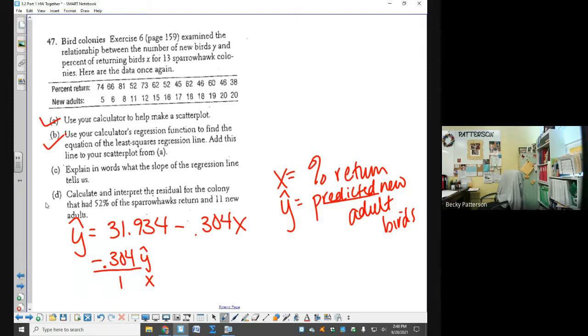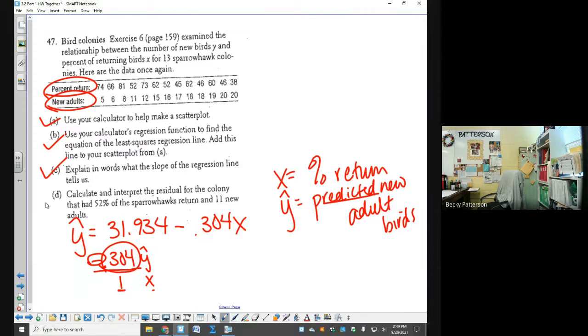Y'all see how easy that makes it when you label it? For every 1% return, the new adults are predicted to decrease by that much. Easy peasy.